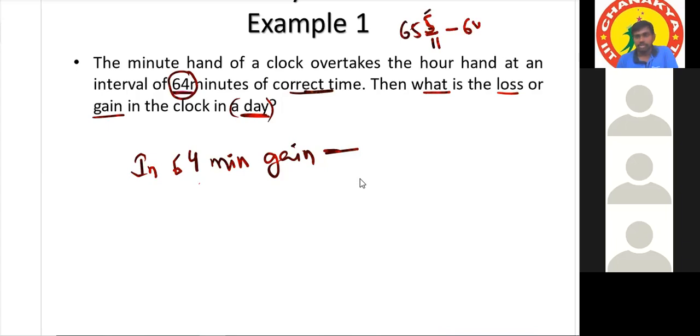This is 1 5 by 11, correct? 65 5 by 11 minus 64 is 1 5 by 11. So if you convert it into a normal fraction, it will be 16 by 11.